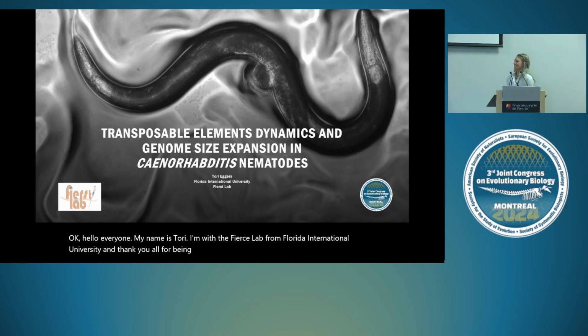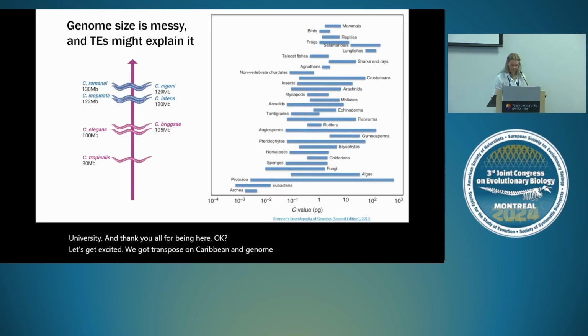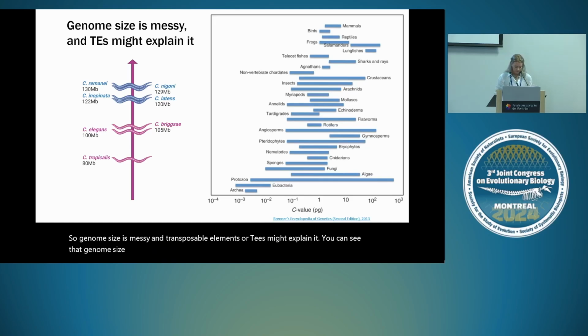Okay, let's get excited. We've got transposons, Caenorhabditis, and genome size. So genome size is messy, and transposable elements, or TEs, might explain it. You can see that genome size varies greatly between species and doesn't correlate with complexity or gene number. For example, mammals like humans you might consider more complex than a worm.